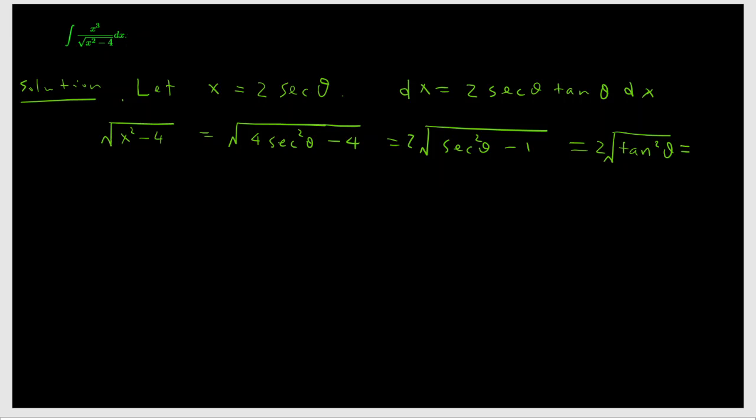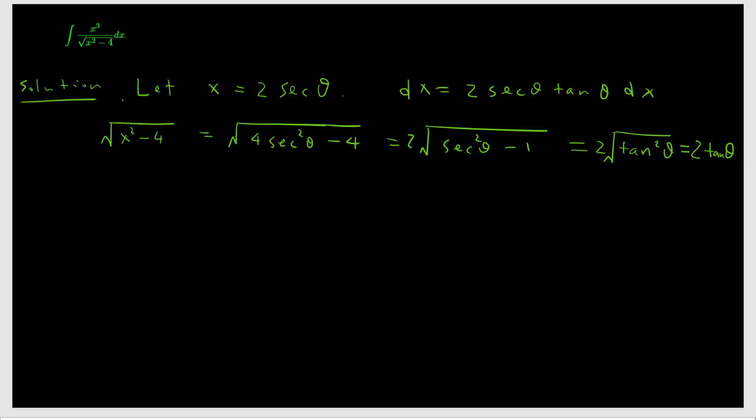Under the restriction on theta, whatever the restriction, tan of theta is positive. That's why you have 2 times tan of theta. So we're kind of done with the main thing.